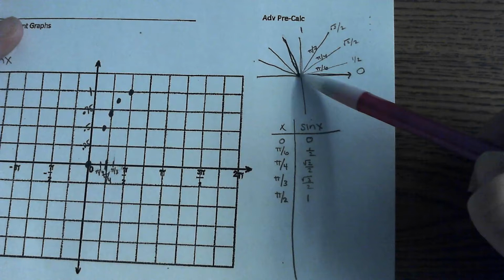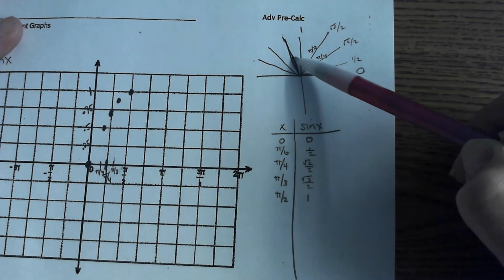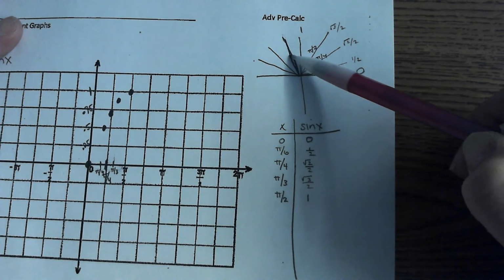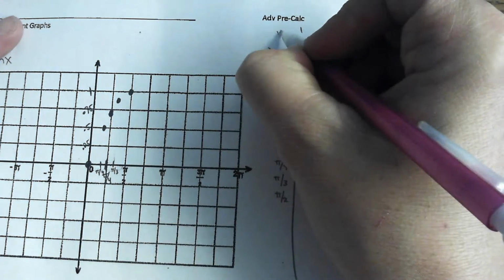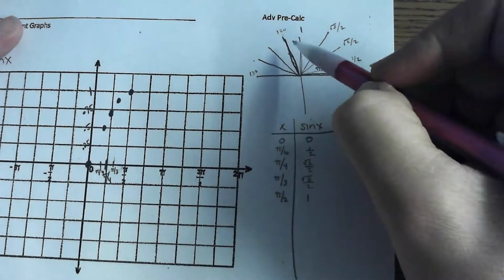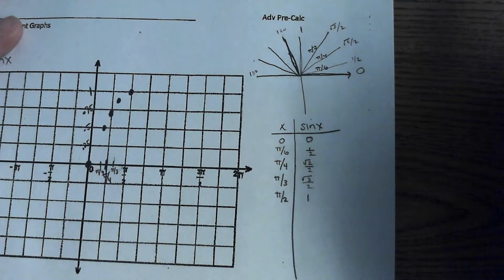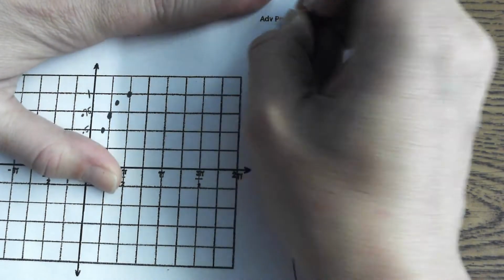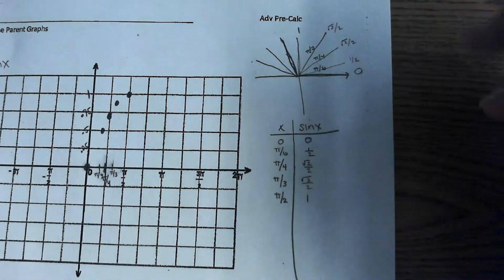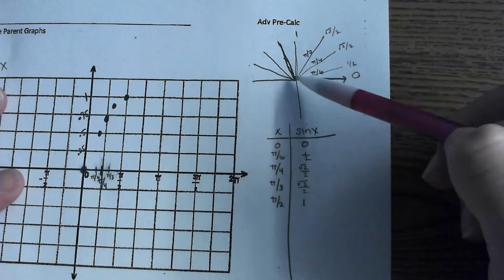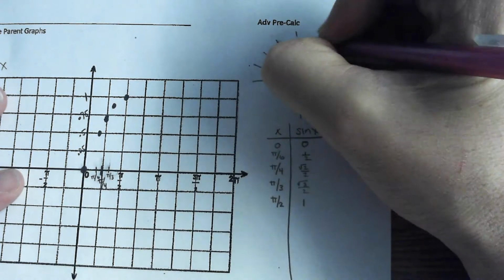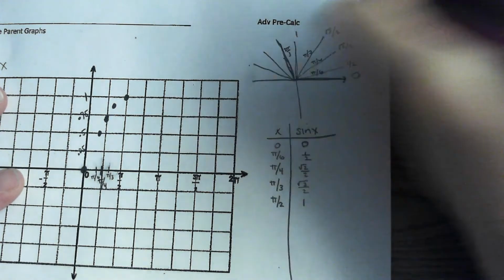A reference angle has to be between 0 and 90. But you're right, it is a 120 degree angle, but what's the reference of that? 60, and 60 degrees in radians is pi over 3, right? This was 1 pi over 3, so this angle is going to be 2 pi over 3.